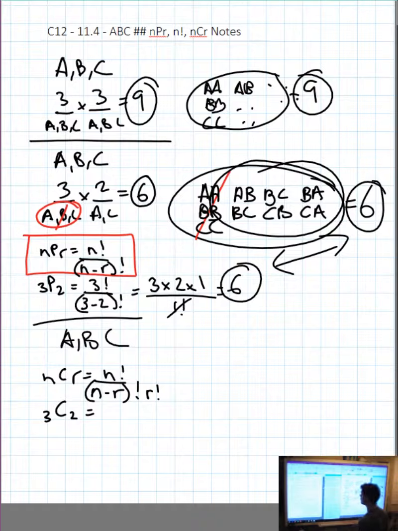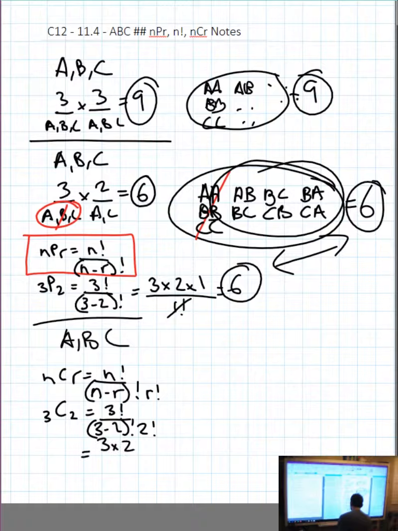Make sure that you look at the formula sheet. Make sure it's the same. That's exactly the accident I made earlier today. Watch out for that. 3 factorial over 3 minus 2, brackets around it factorial, with another 2 factorial on the bottom, which is equal to 3 times 2 times 1 over 1 factorial times 2 times 1, cross off, equals 3.